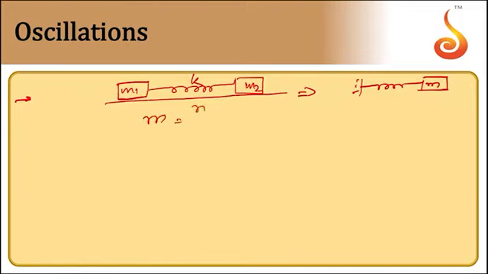That equivalent mass is M1 M2 divided by M1 plus M2. And the time period is given by 2 pi root m divided by K. So, remember this, quite useful to handle. This is what is called the equivalent or reduced mass.